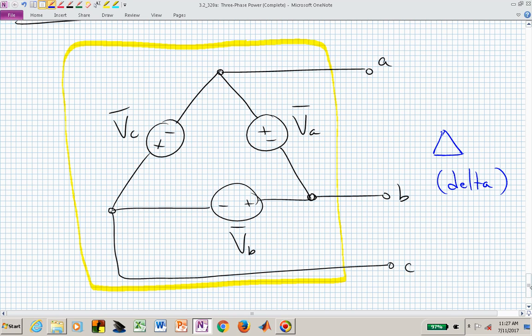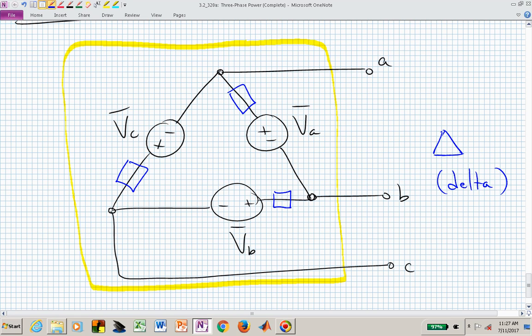That is one of the two different ways that we will introduce a connection or a wiring structure on the source side of our system. And again, if we wanted to introduce generator impedances, then we would put those into this particular location of the A phase, the B phase, and the C phase.